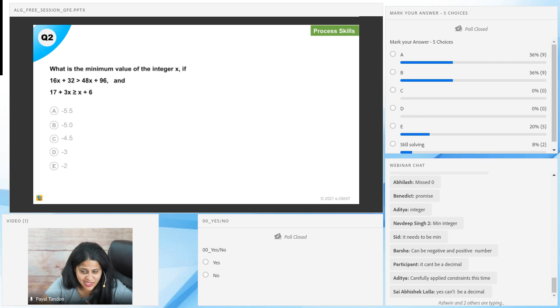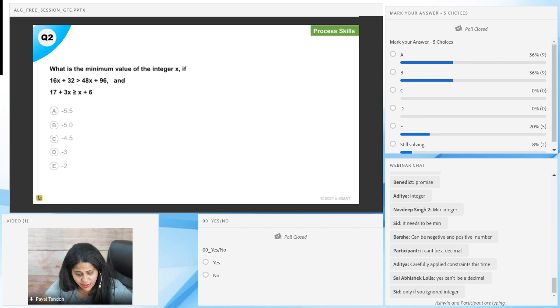So everyone who selected choices A and B, you don't have any issues with the concept that is being tested here, which is can you solve two linear inequalities? Okay, there is no issue with that. But the reason why you got this question wrong, for those of you who selected choice A, because B is the correct answer, is because you did not pay attention to the constraint.